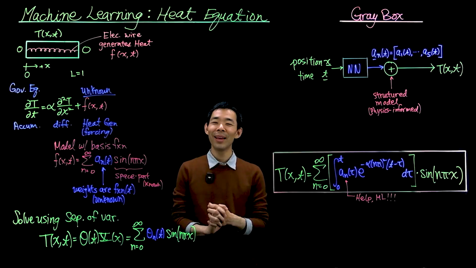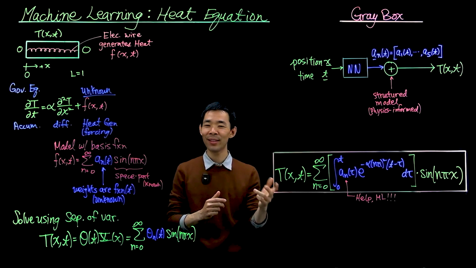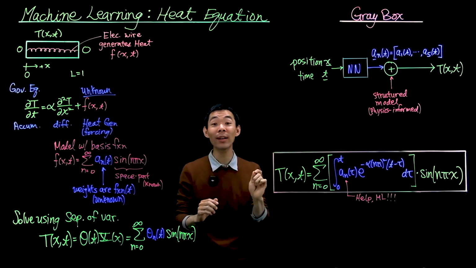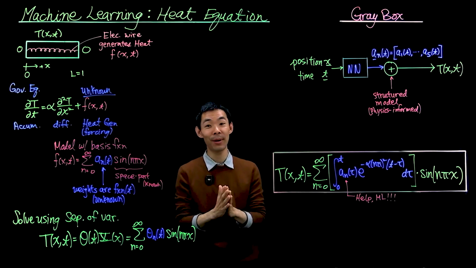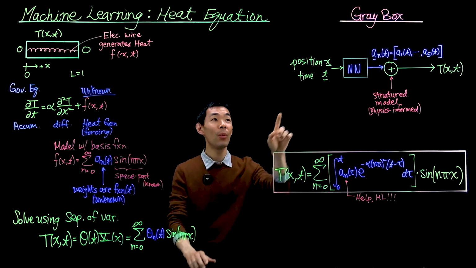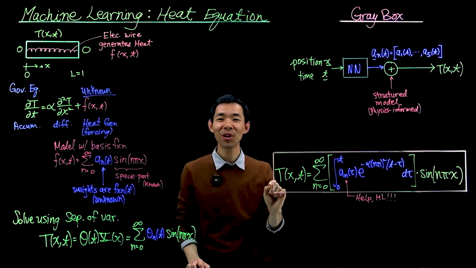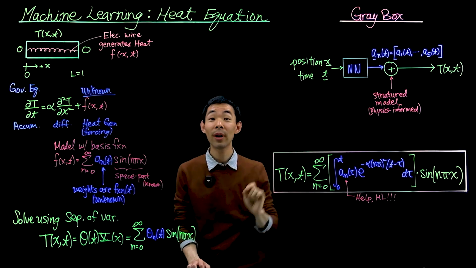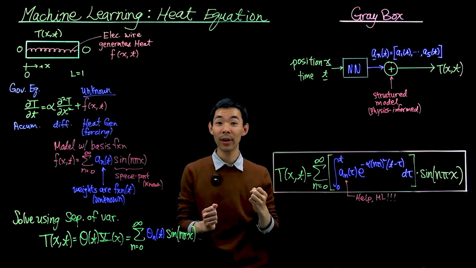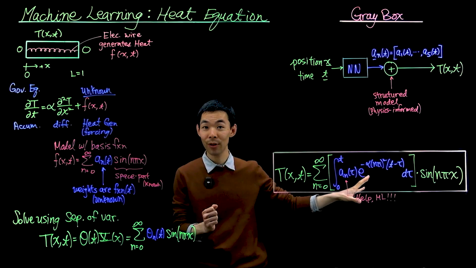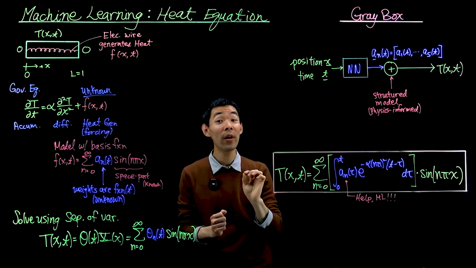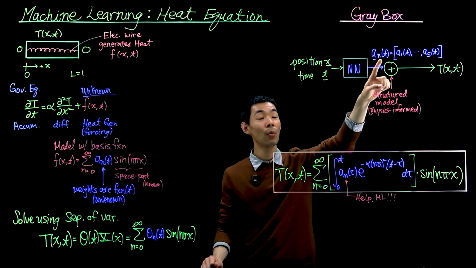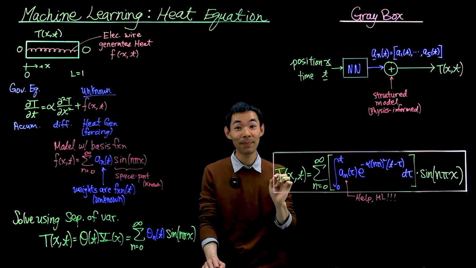All right, there's been a lot of math going on, and I think we might be buried inside the details. Let's back up a little bit and look at the architecture of how we designed this gray box model. First, we have position and time as our input. That's going to go through a neural network that will output not the full temperature, but instead a vector of coefficients, a sub n, which will be a function of time t.